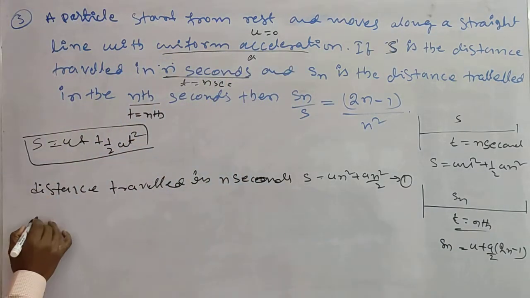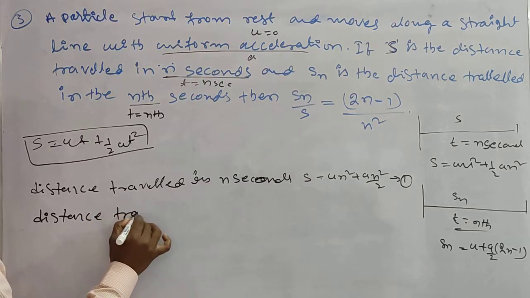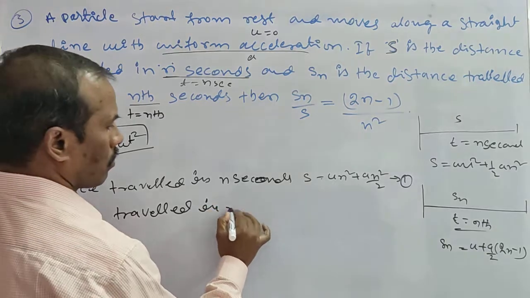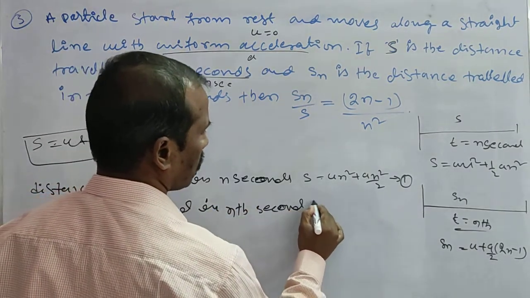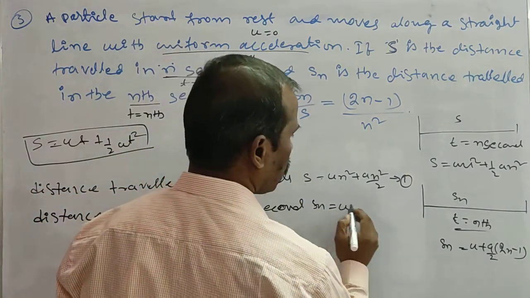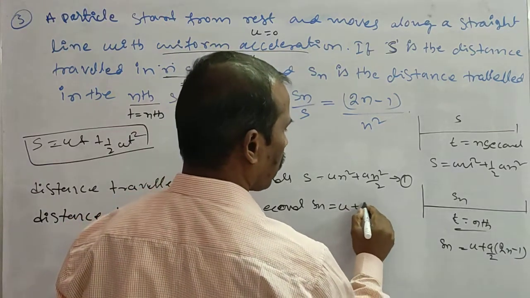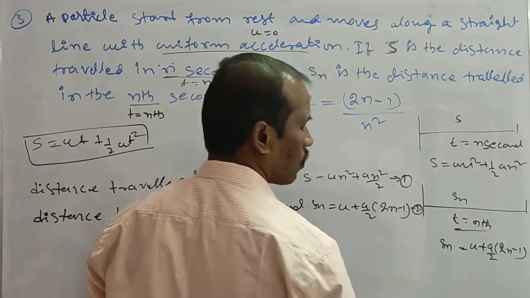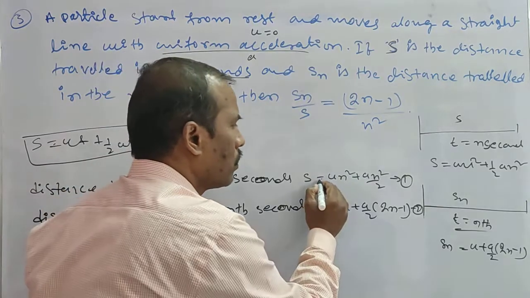Next, the distance traveled in the nth second: Sn is equal to u plus a by 2 into 2n minus 1. This is equation 2. This is for the nth second, and this one is only for n seconds.